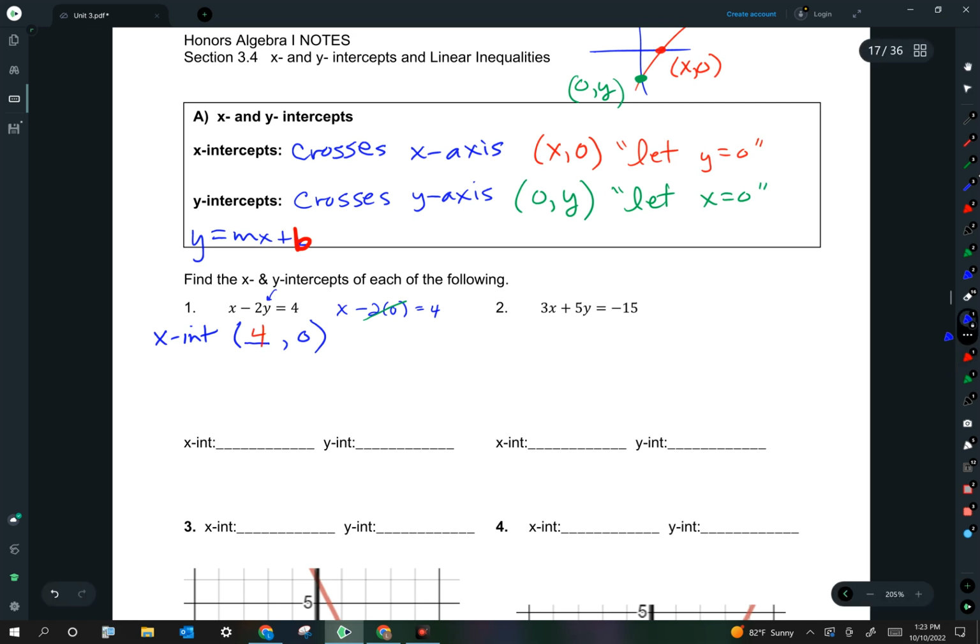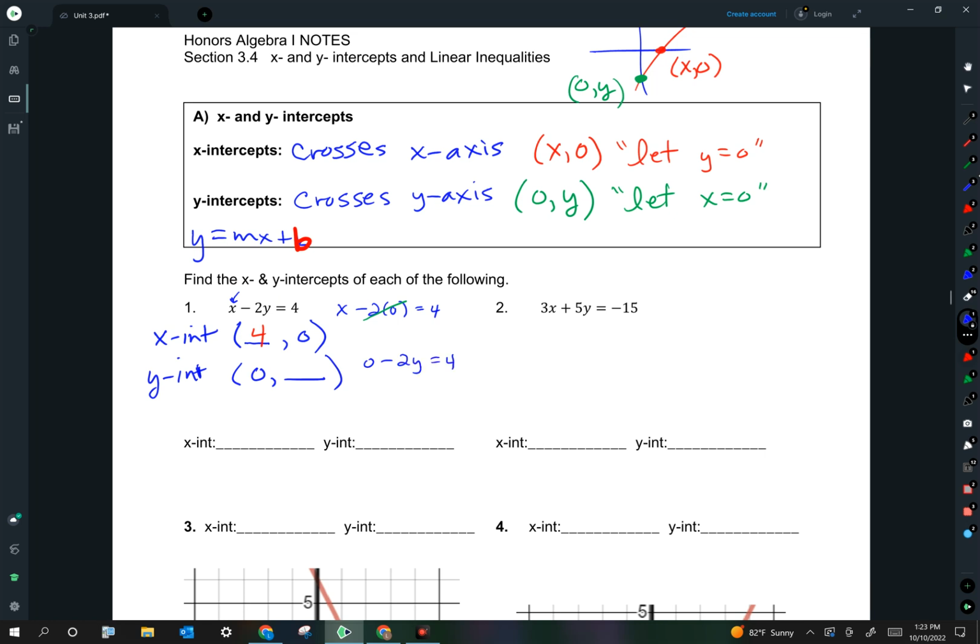Okay, let's try the y-intercept. I know the ordered pair is going to be 0 comma whatever my y value is. So for the y-intercept, let x equal 0. If I put in a 0 for x, I'm going to have 0 minus 2y equals 4.